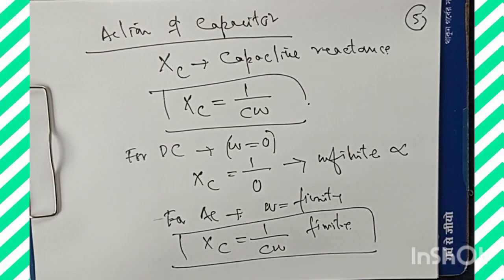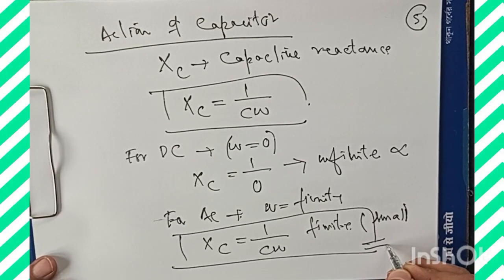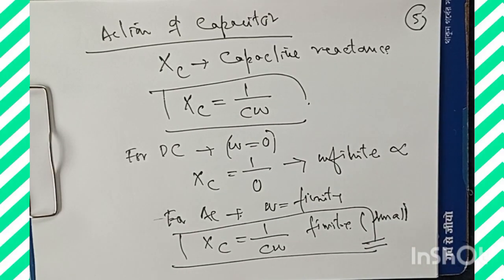So it will allow the alternating current to pass through it instead of direct current, because for direct current the opposition is extremely large. It's infinite. But for AC it is 1 by some number, so its magnitude is small, so AC can be passed through these capacitors.